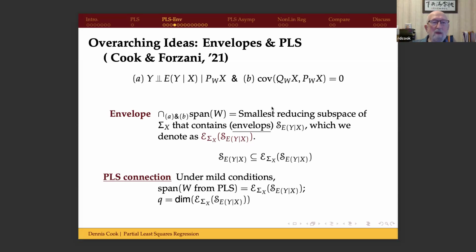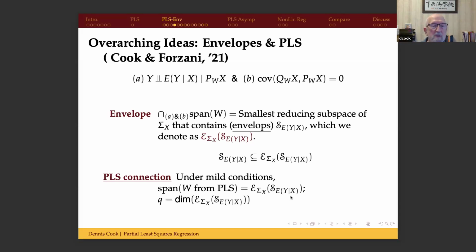Now, what does all of this have to do with PLS? Under mild conditions, the span of W for PLS is exactly the smallest reducing subspace of sigma X that contains the central mean subspace. That's what PLS is after.